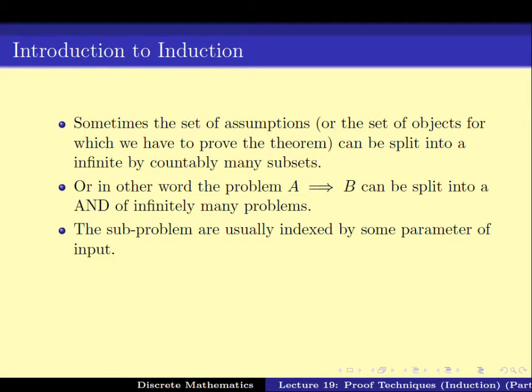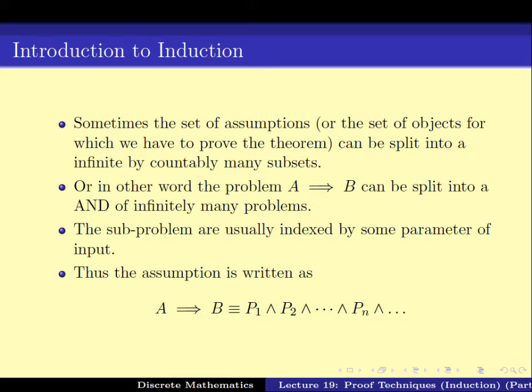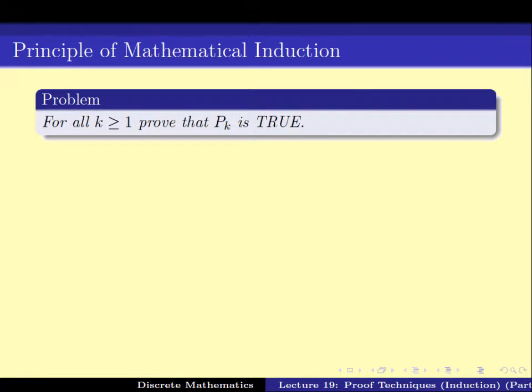Each of these subproblems is usually indexed by some parameter of the input, and we write the problem A implies B as P1 and P2 and so on till P infinity. Now, this problem A implies B thus becomes: for all k greater than or equal to 1, prove that Pk is true.